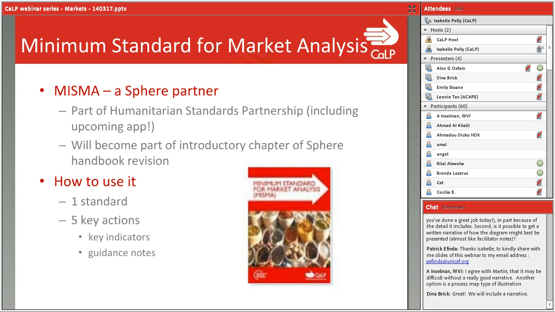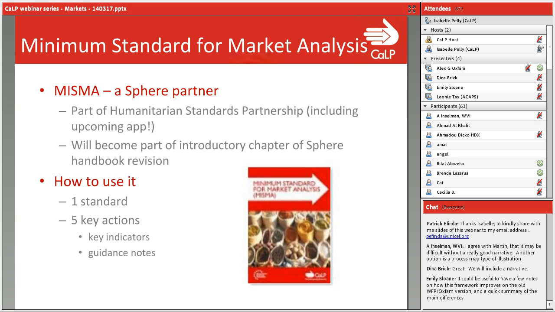And as part of the Humanitarian Standards Partnership, we're about to launch an app which will allow us to provide easy accessibility to all these standards in one place, including the Sphere Handbook.